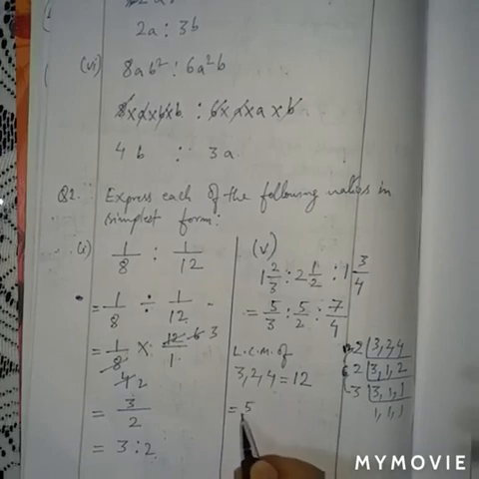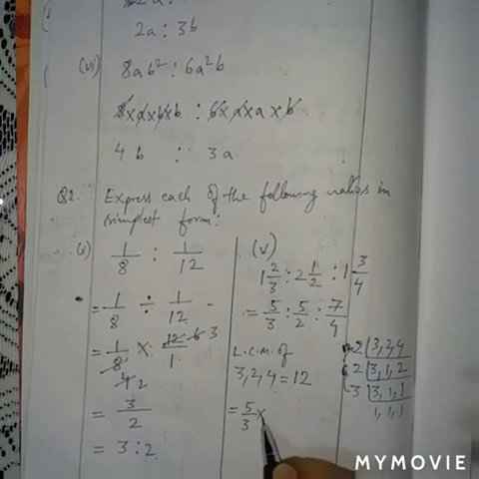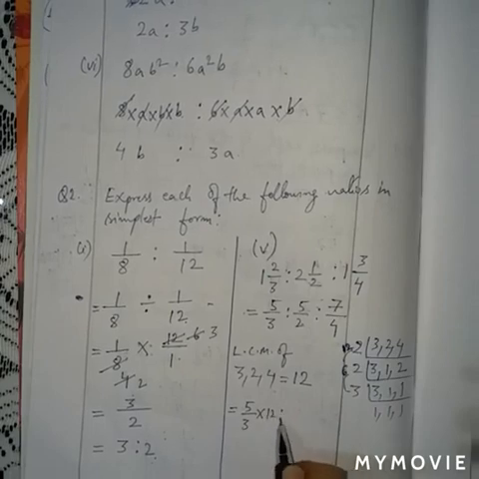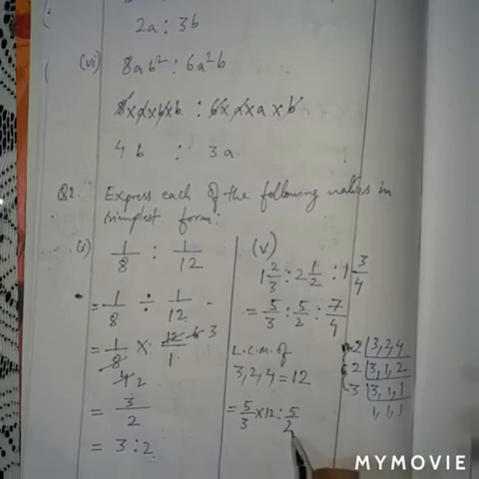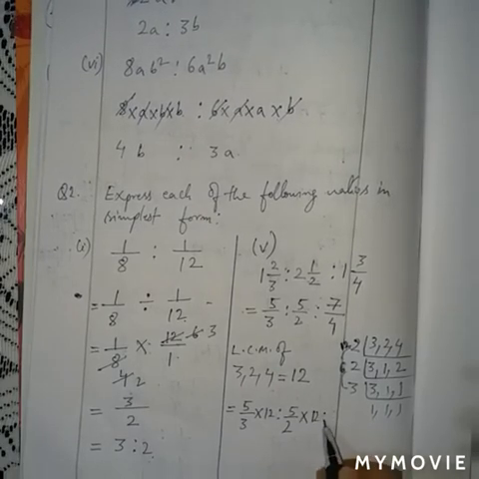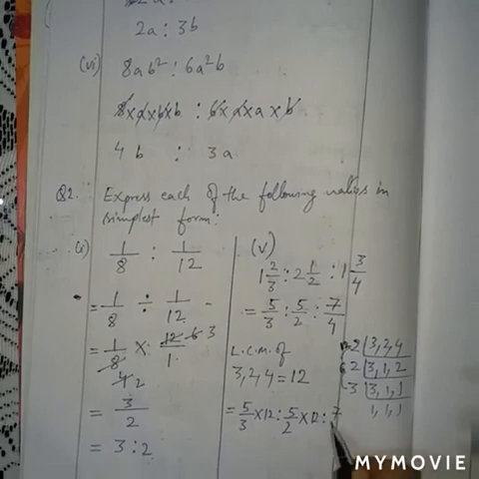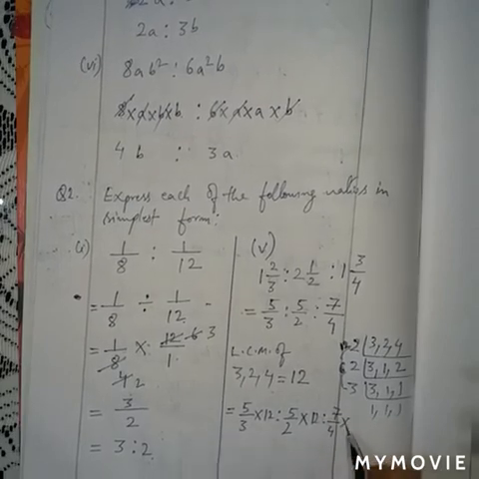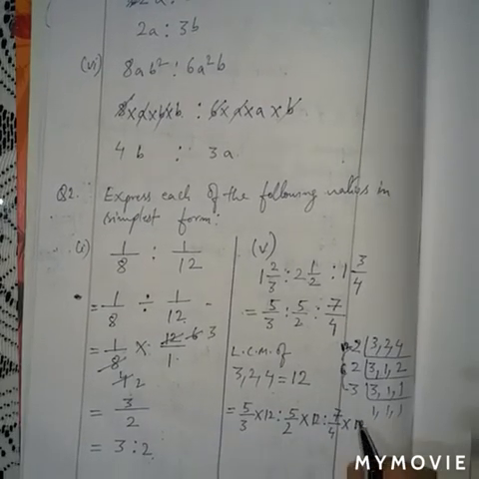5 by 3 into 12 is to 5 by 2 into 12 is to 7 by 4 into 12.